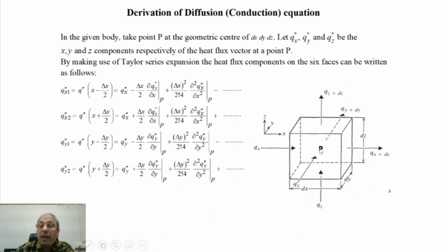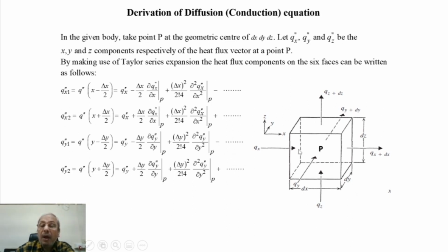So this q double prime, which has components qx double prime, qy double prime, qz double prime at point P. Now we will make the Taylor series expansion of this heat flux components on 6 confining surfaces. Now this is at the center. The x component of heat flux is qx here.